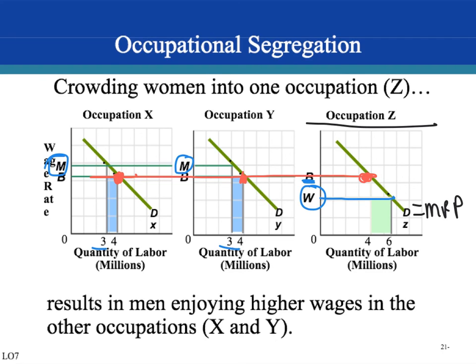Whereas with occupational segregation, there is a loss of output due to the segregation. So there has been discussion of legislation to help eliminate occupational segregation, or at least to reduce it. Okay, this concludes chapter 21.